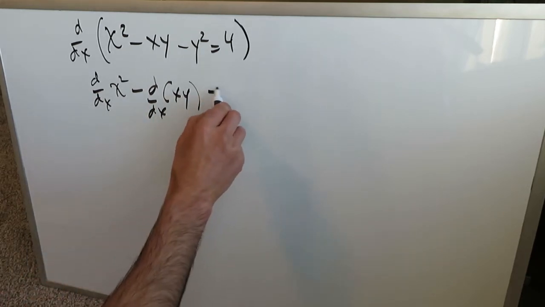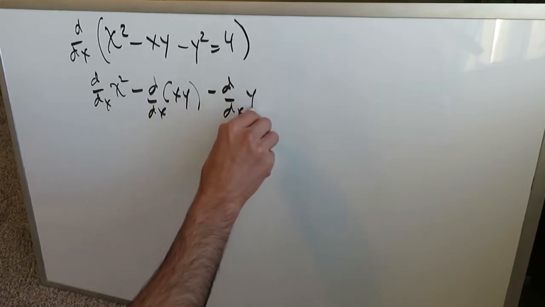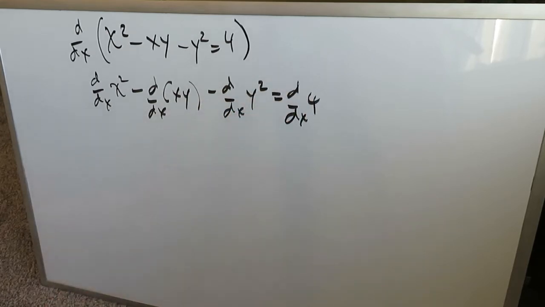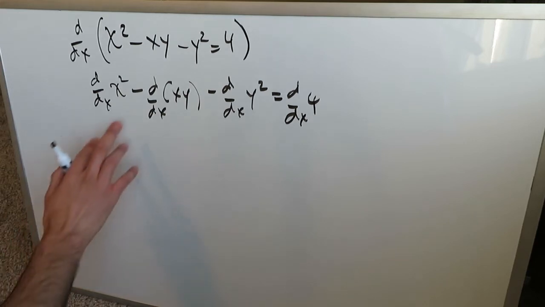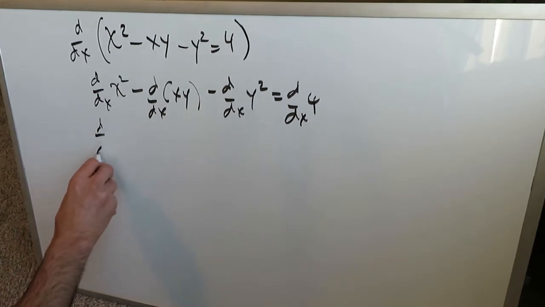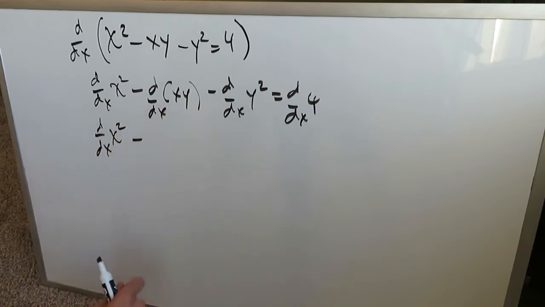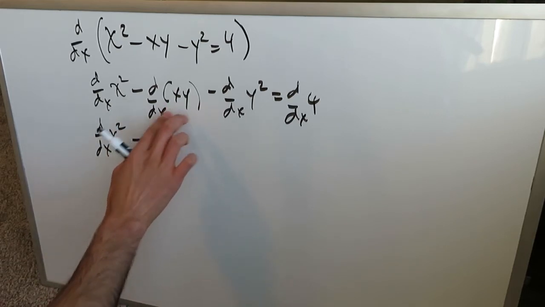Now look over here, you can still write d over dx y squared, you can still do that, and the derivative of 4. But now when you actually go into the proper implicit differentiation layout, look how I'm going to rewrite this. I'm changing nothing over here, but here I have a product rule which will kick in. So you'll have your f function and your g function.